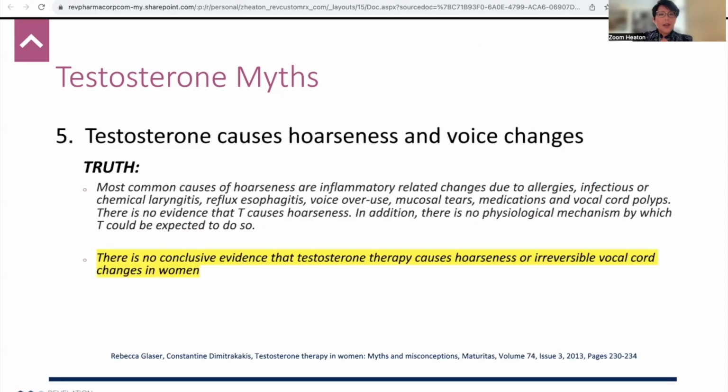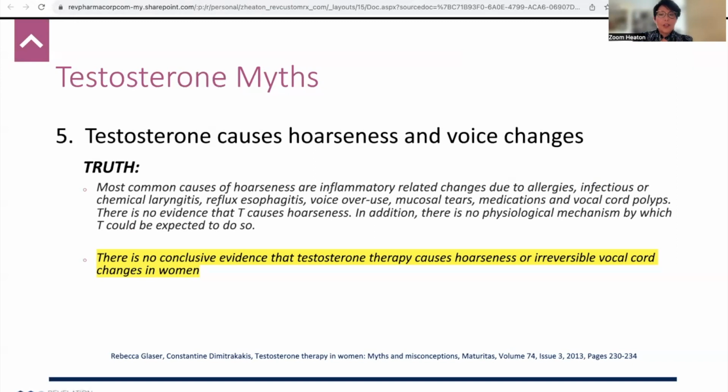Myth number 5, testosterone causes hoarseness and voice changes. Honestly, the common causes of hoarseness are inflammatory in nature, such as allergies, infections, reflux, mucosal tears, medications, and vocal cord polyps. So there is no evidence that testosterone causes hoarseness.